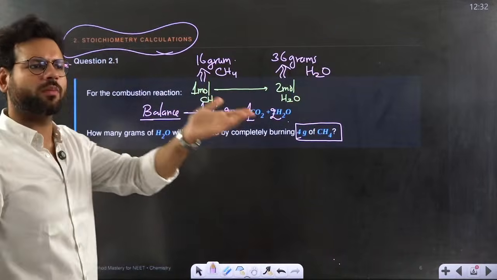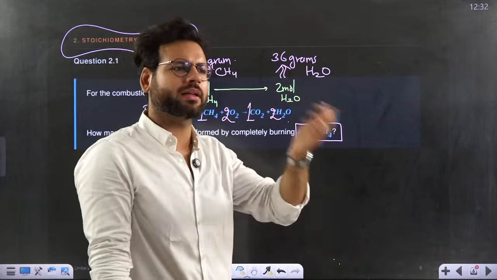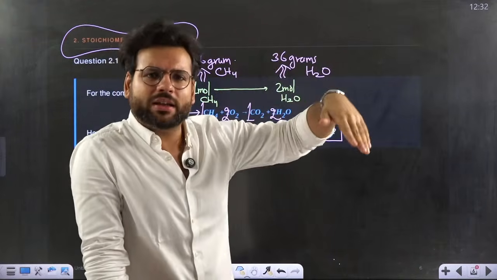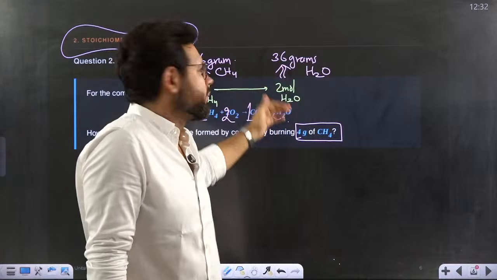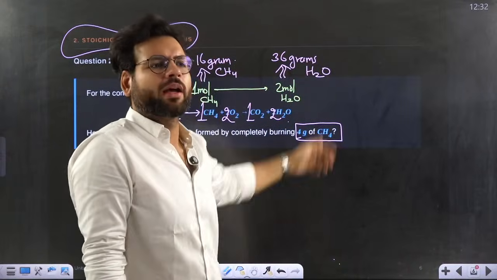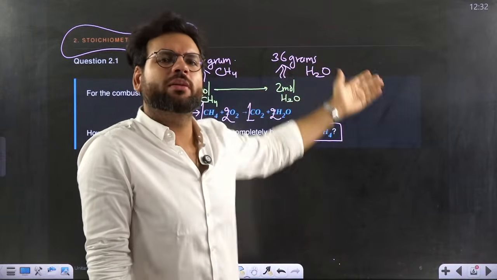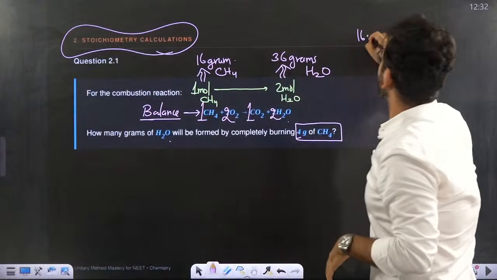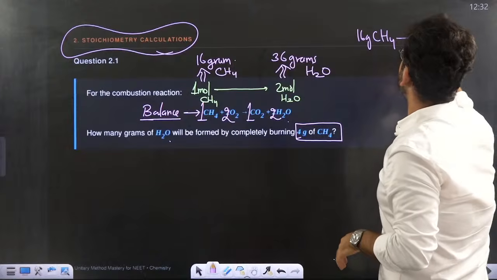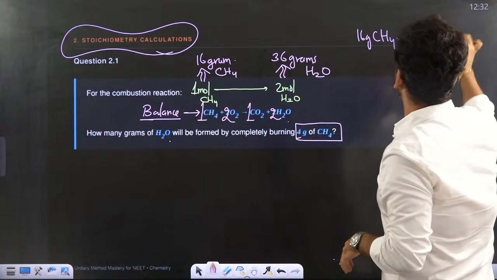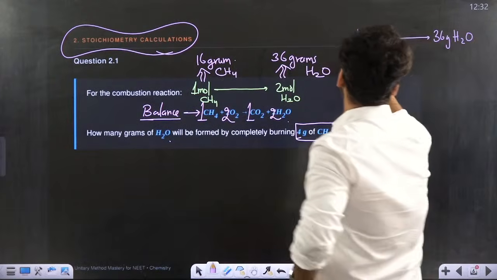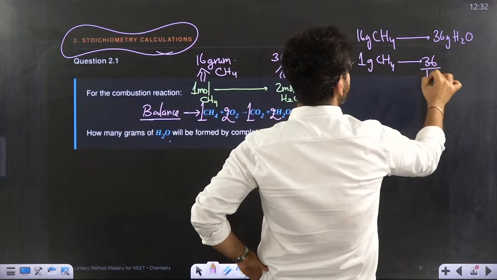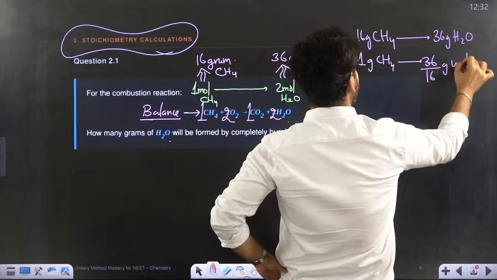Now use your brain, use this unitary method. 16 gram gives 36 gram. If I make it 1/4, it will become 4 gram. I will have to make 1/4 of that also. That will become 9 gram. That's correct. 16 gram methane produces 36 gram water. 1 gram methane would produce 36 by 16 gram water.